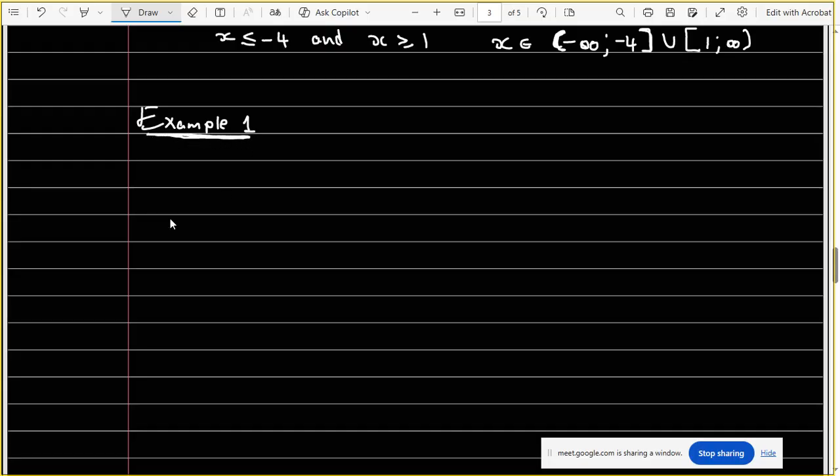So in this example, let's say we are given a parabola where we have the turning point. Let's say you are given the parabola like this, and it is in this form.